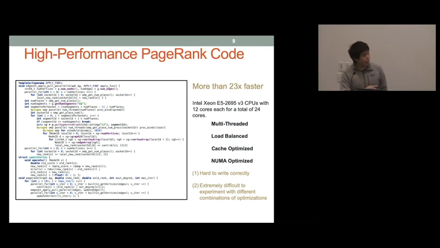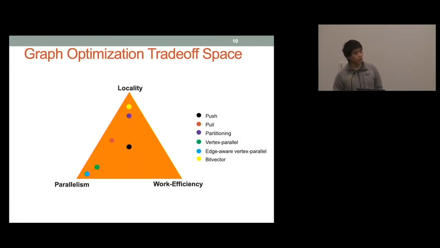And the reason why graph programs are very hard to write today is because there are various optimizations that have been proposed, many optimizations that are designed to give you high performance for graph algorithms. And here I'm listing a subset of the optimizations that have been described in the literature. Each of these optimizations affects the program in certain ways.